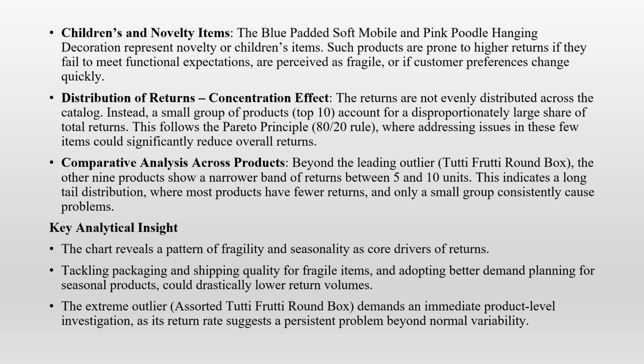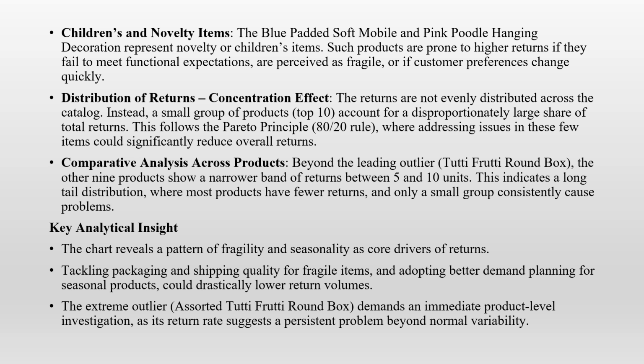Now, comparative analysis across products. Beyond the leading outlier, the other 9 products show a narrower band of returns between 5 to 10 units. This indicates a long tail distribution where most products have fewer returns and only a small group consistently cause problems.